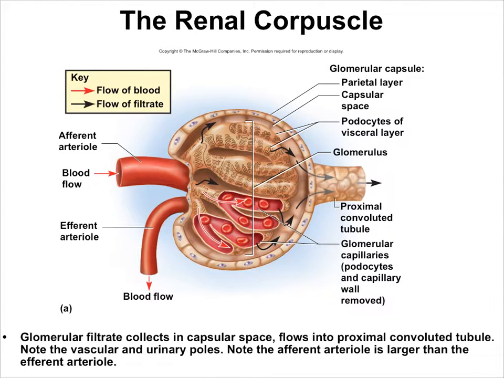Blood from the renal artery and the renal arterioles flows into the glomerulus through the afferent arteriole and out through the efferent arteriole. Inside the glomerulus, you have a bunch of capillaries. These capillaries are fenestrated, meaning it's very easy for fluid to exit the capillary.